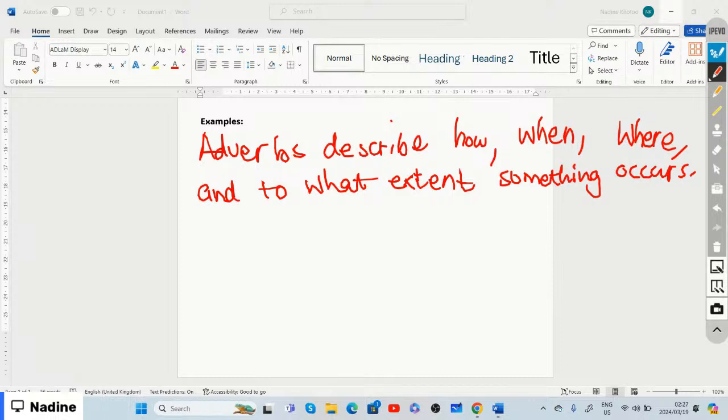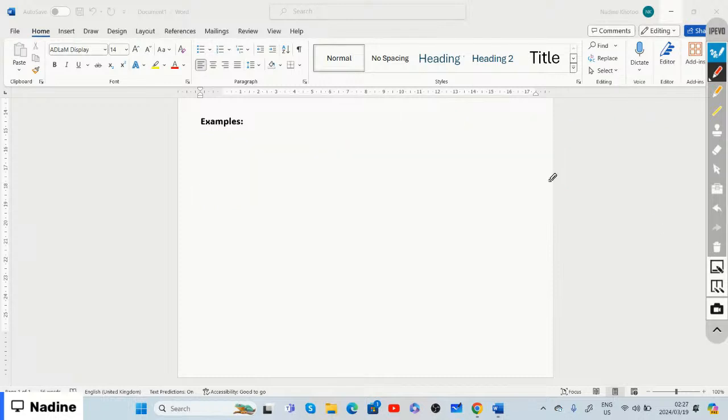All right. And if we look at a few examples, I feel like I need to write down a few examples of the different types of adverbs, right? So we have adverb of manner.